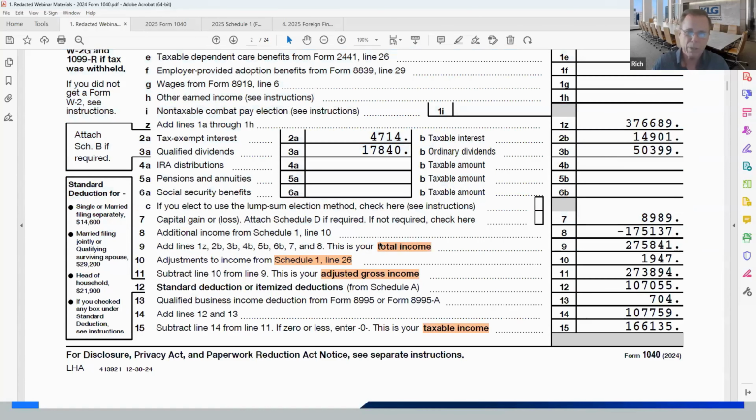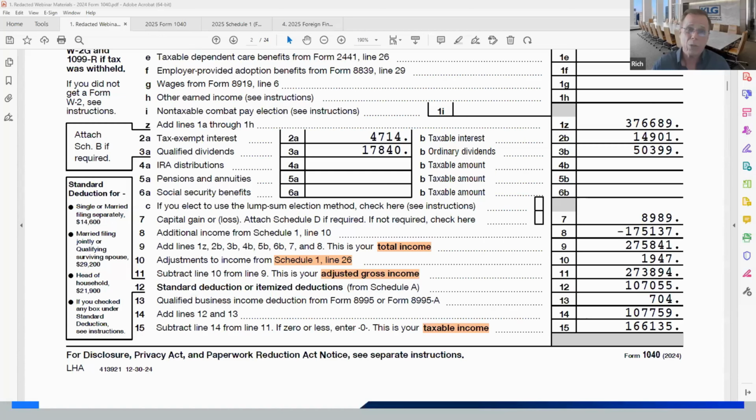Then for tax purposes, there's adjustments to this income to get to what's called adjusted gross income. Adjusted gross income is utilized for IRS purposes, and the taxpayer, for phase-out provisions and exclusions. The higher your AGI is, the less deductions and credits that you're entitled to. For example, the adjusted gross income here is $273,000.